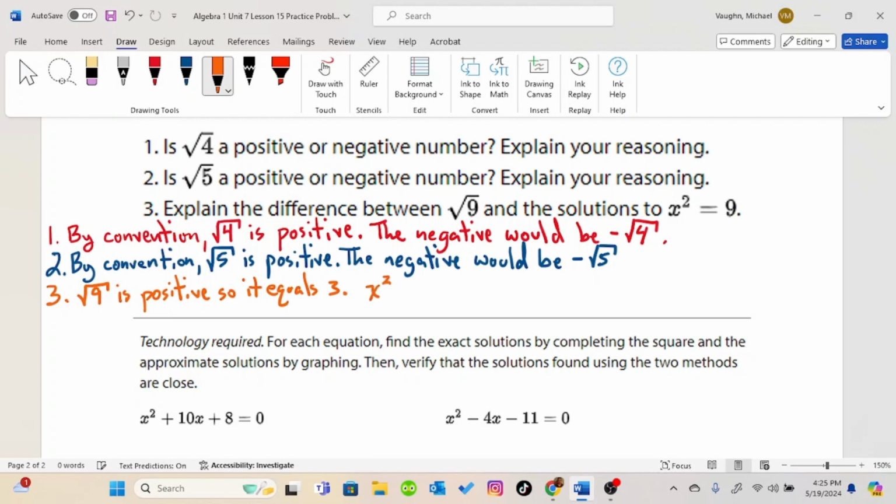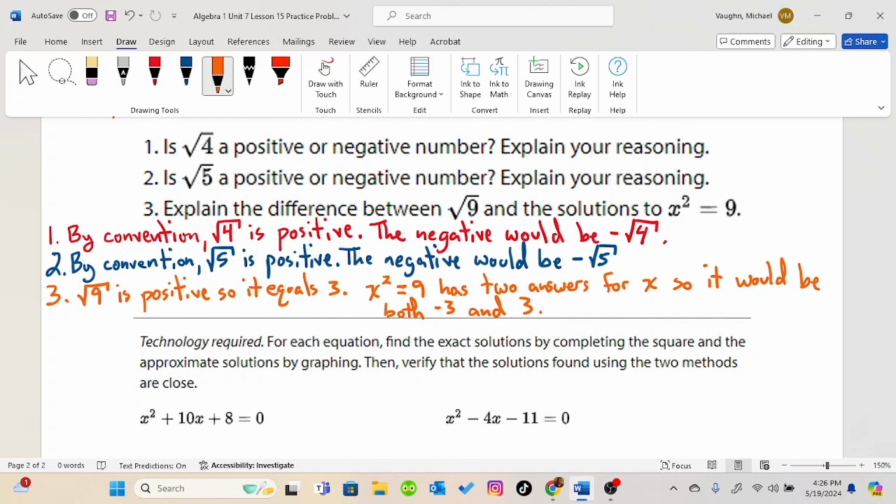X squared equals 9 has 2 answers for x, so it would be both negative 3 and positive 3.